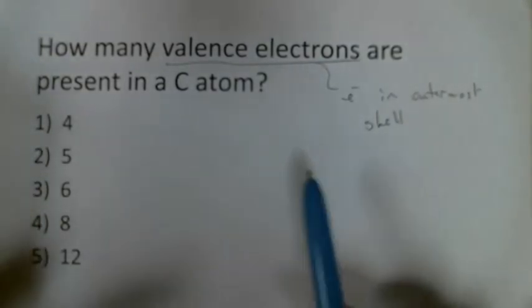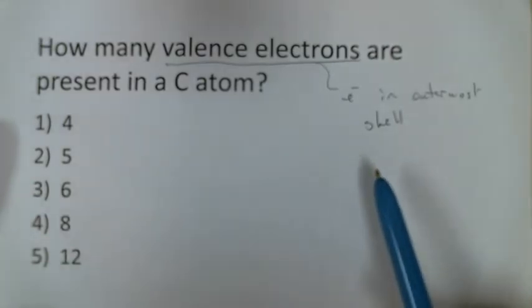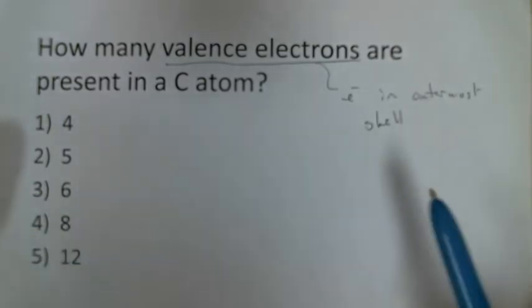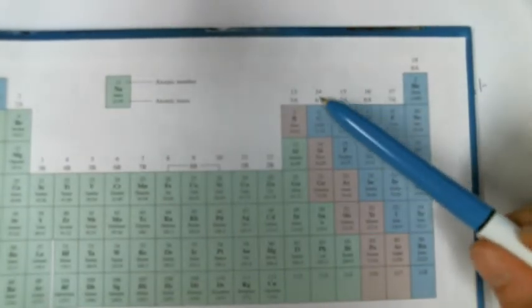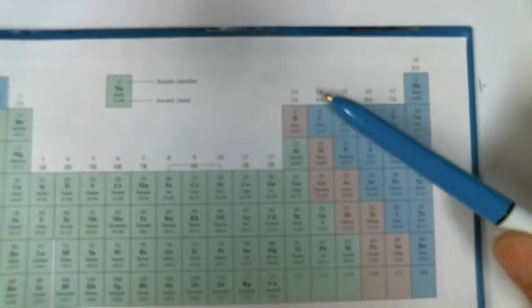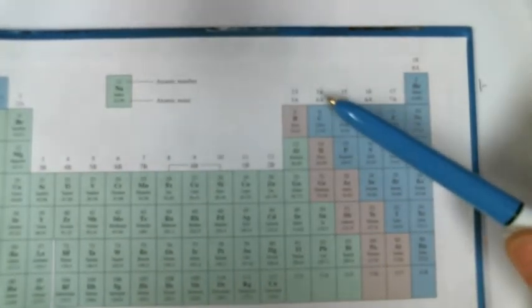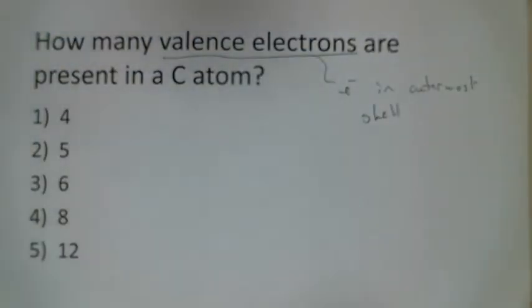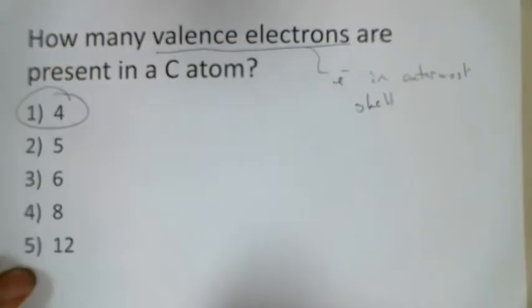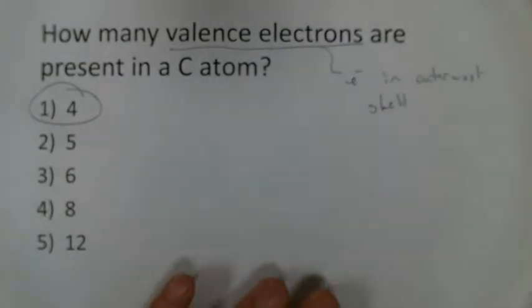We could go through and write the electron configuration for this and figure that out, but we don't have to. What we're going to do instead is look where carbon is and see that it's in group 4A. That means it has 4 valence electrons: 1, 2, 3, 4. And that's the way to do it. There's no need to write the electron configuration for that.